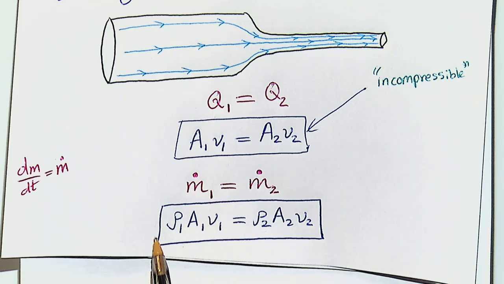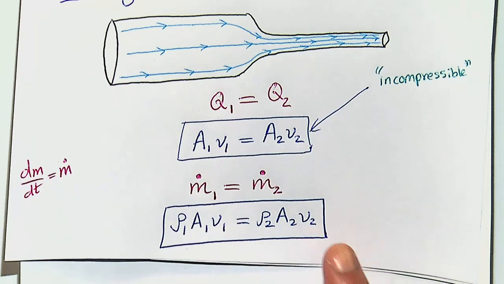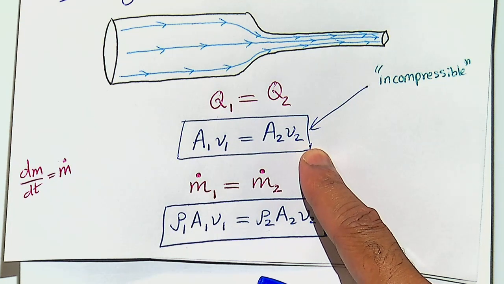Checking the units on this side and on this side, they're both going to give you kilograms per second, which is the mass flow rate. Generally, this works for incompressible or compressible flow, while this works only for incompressible flow.